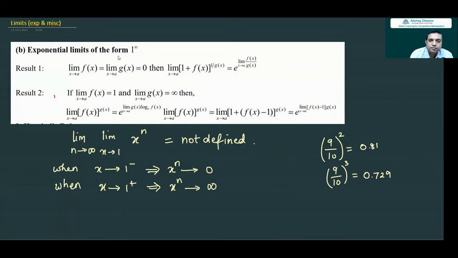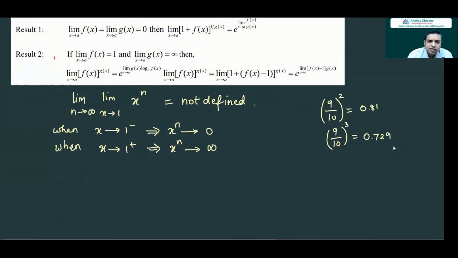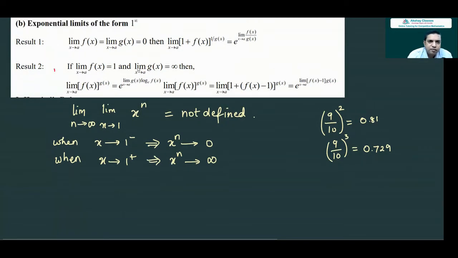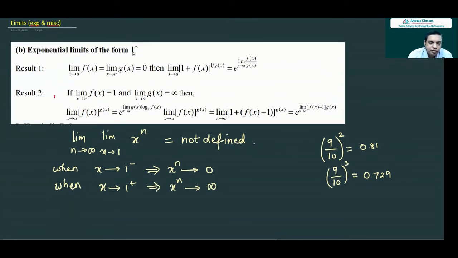So when a number just less than 1 is raised to the power infinity, it will go to 0. When a number slightly greater than 1 is raised to the power infinity, it will go to infinity. So that is why, in this 1 power infinity form, we do not know whether it will go to some constant number or to 0 or to infinity.